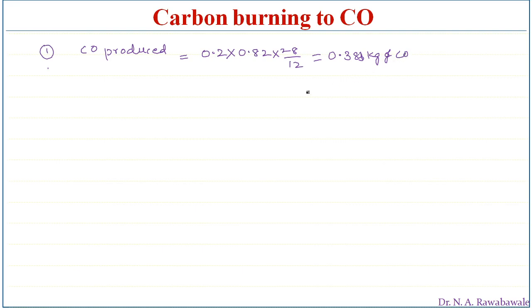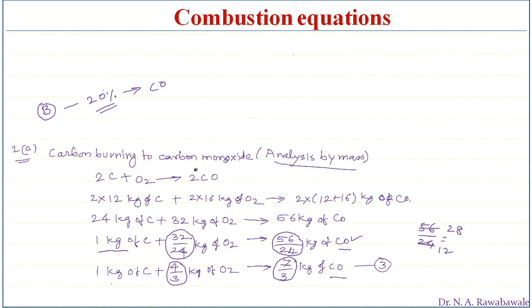Now, how much oxygen is required? Second thing in this part B, carbon burning to carbon monoxide. So oxygen required can be obtained by looking at this equation: 32 divided by 24, or 4 divided by 3 kg of oxygen, is required to burn 1 kg of carbon. So we will take 4 by 3.